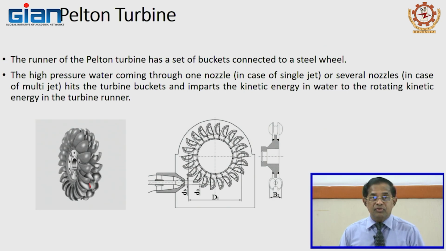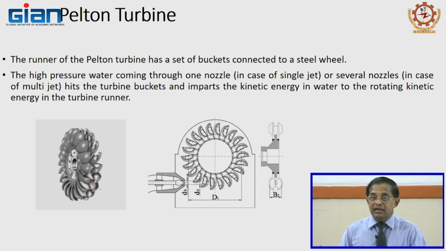Therefore, it is a lot of machining and labor work, because you can't do it completely by machines here. People's intervention is required because of the complicated shape, and therefore the balancing and identical buckets are needed. These buckets have to be identical, and finally, the entire thing should be fully balanced.